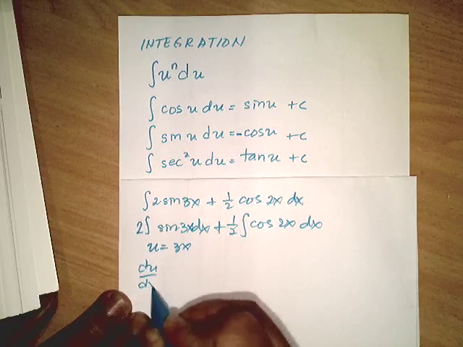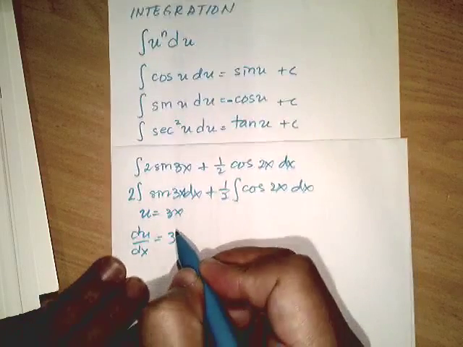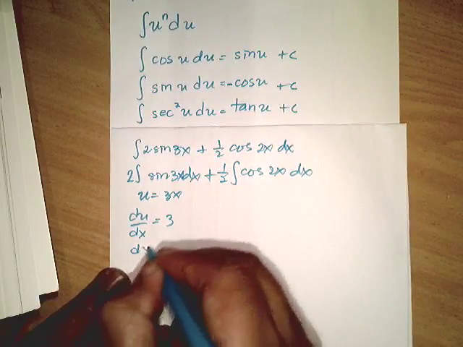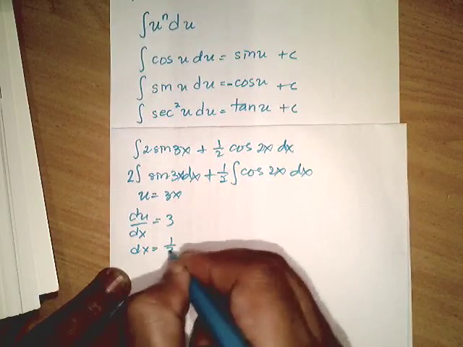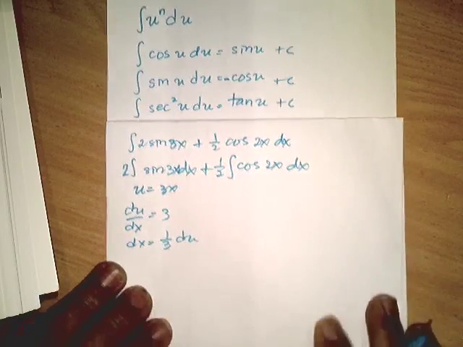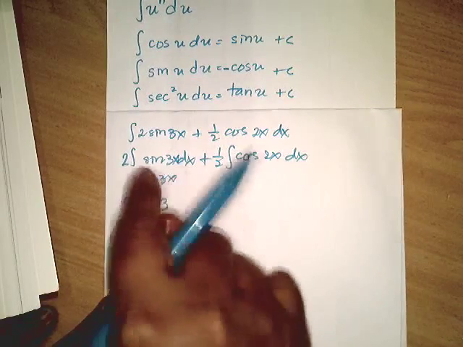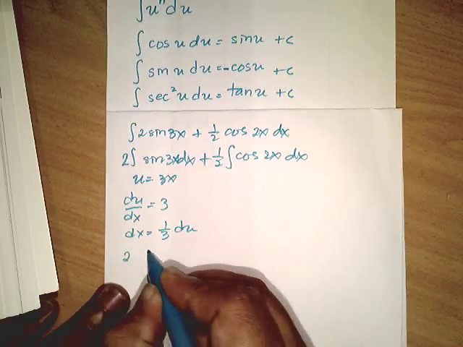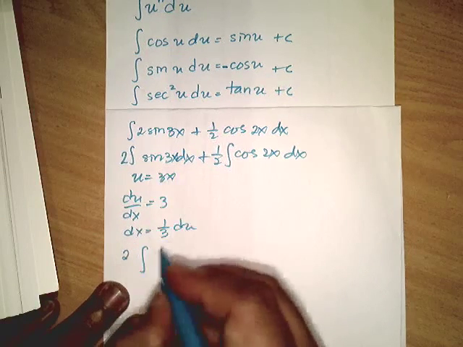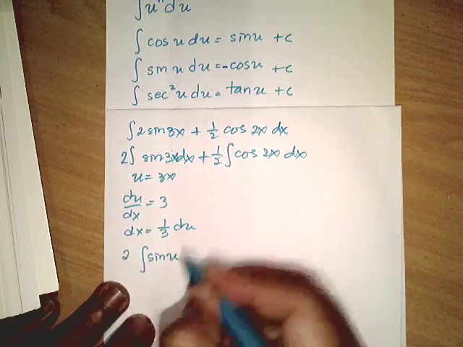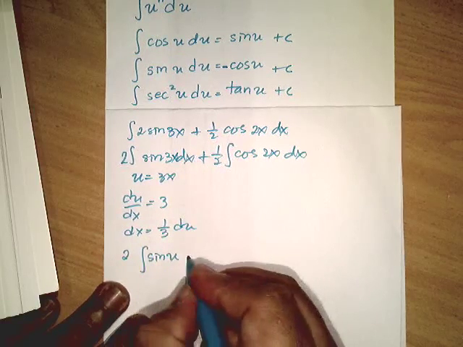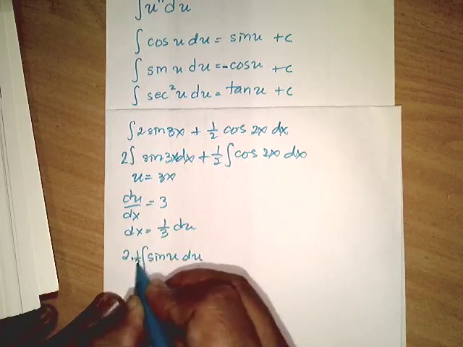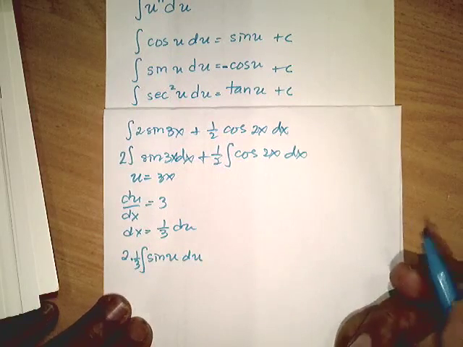The du/dx is equal to 3, so it implies that dx is 1/3 du. Therefore this portion is now equal to 2 the integral of sine u, and your dx is 1/3 du, so I'll put du, then multiply this by 1/3.